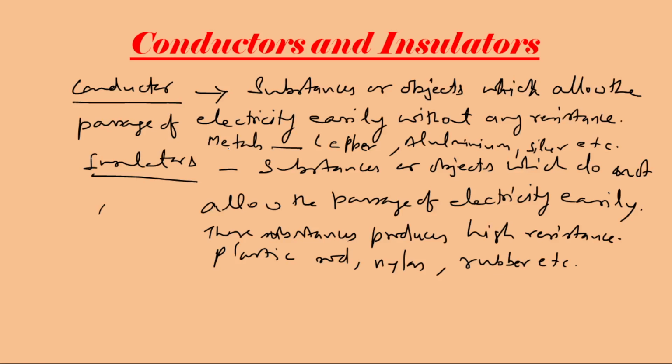Conductors and insulators: conductors are those materials which allow passage of electricity without much resistance. All metals and water are examples. Insulators are those substances which do not allow passage of electricity easily, like plastic, nylon, wood, rubber, etc.